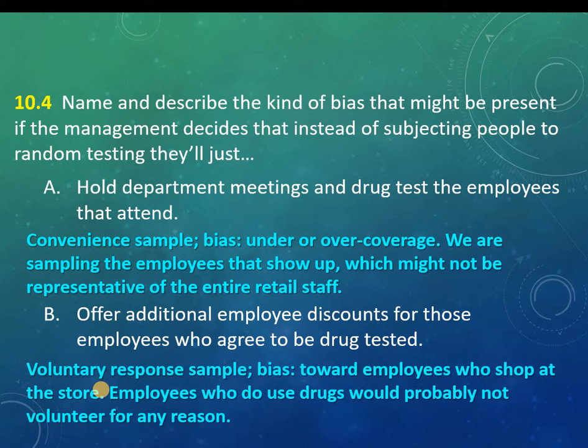Yes, ma'am. On the notes, convenience sampling is listed under bias. It's both a bias and a sampling method. So if it asks for bias, would we just say it's convenient sampling, or should we say convenient sampling which causes undercoverage or something?